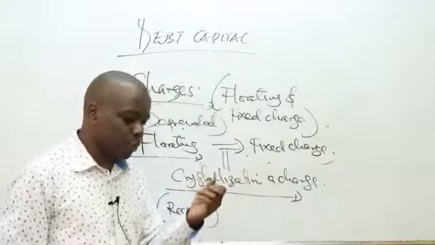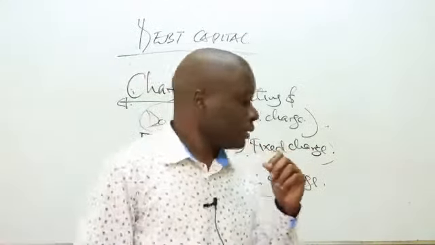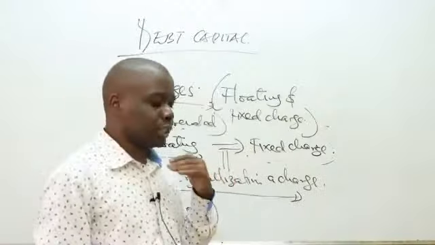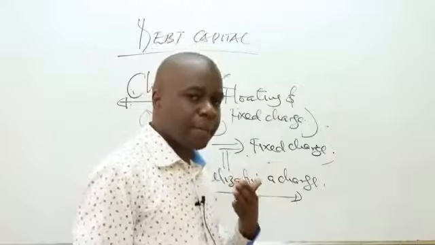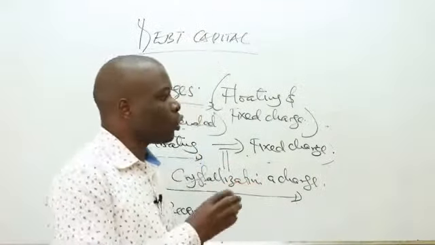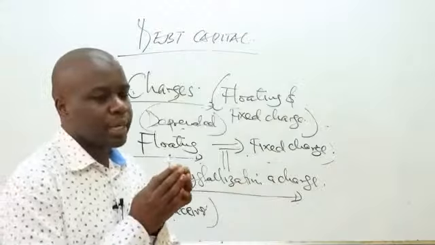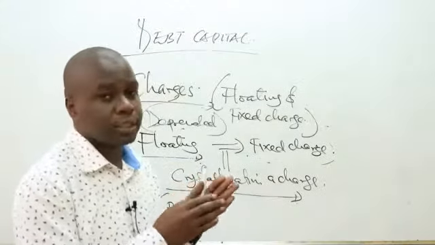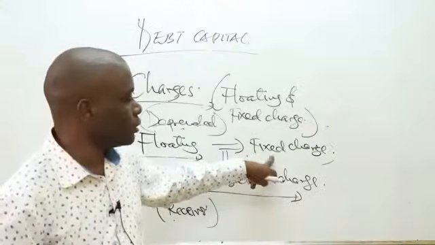So the number 4 point that you can say is, if there is a crystallization of a floating charge that leads to the life of the company coming to an end, then because the life of the company is coming to an end, all the other floating charges will crystallize and become fixed charges.